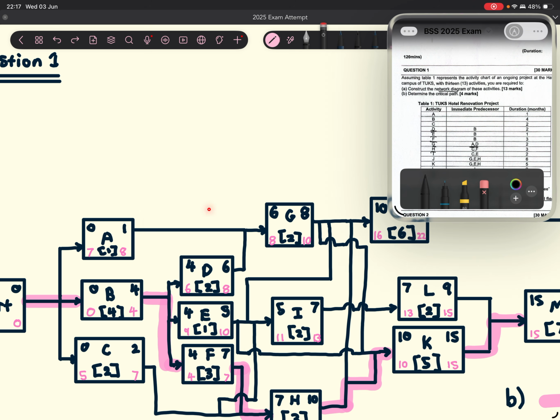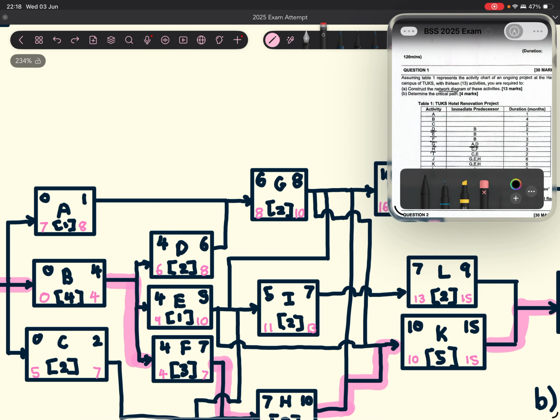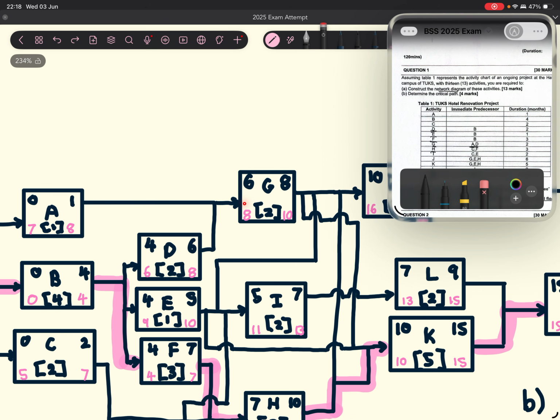So this part over here is not critical. You don't have to follow it strictly. That's what's meant by critical. If this was critical, then you would have to finish activity A in time to keep the project within schedule. So this isn't the critical path.